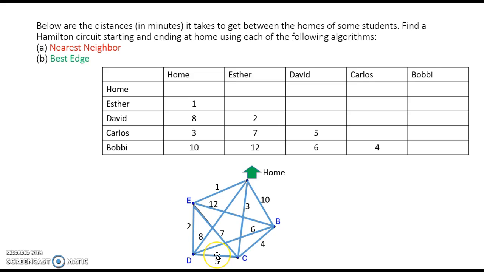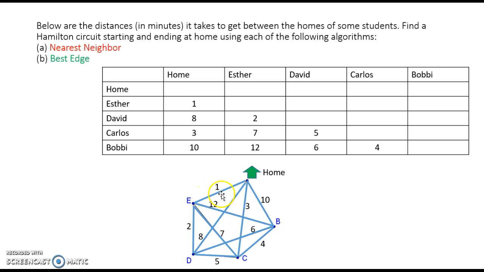We would still choose it even if it wasn't connected at home, because after we create our entire path, we can just write the labels on that path so that we're starting and ending at the home point, since it's just a big cycle anyway. So you're choosing the best edge right here, even if it's not attached to home or your starting point.